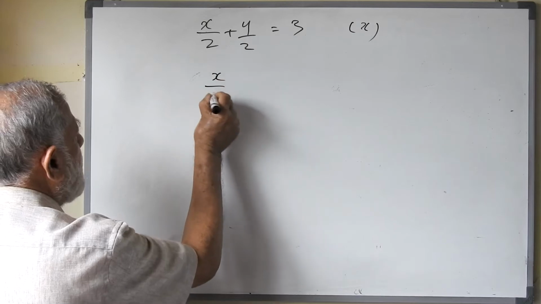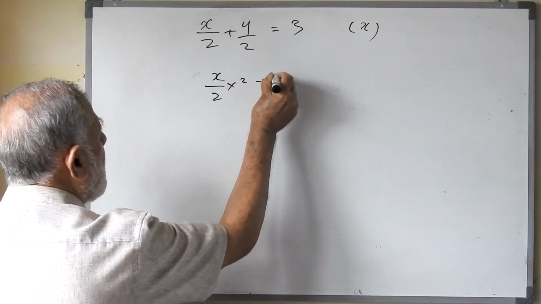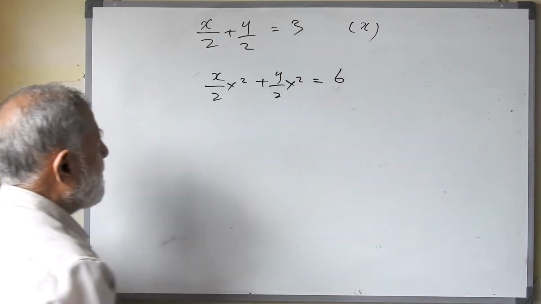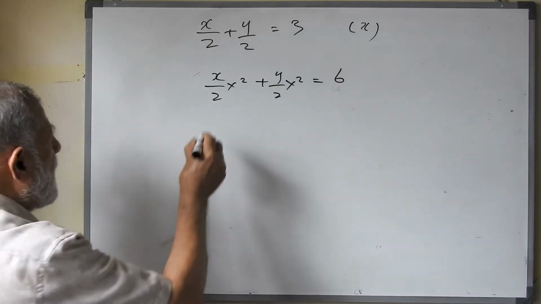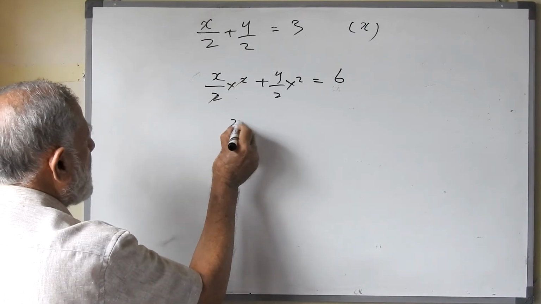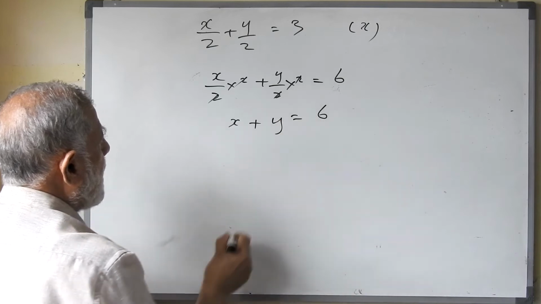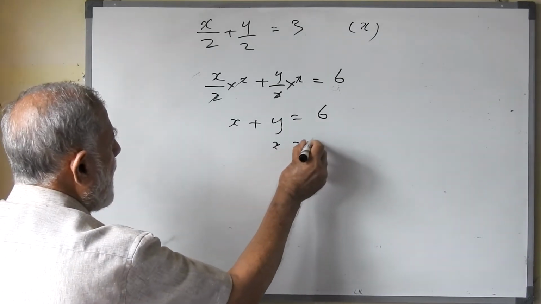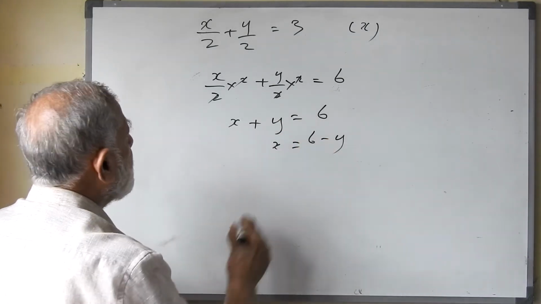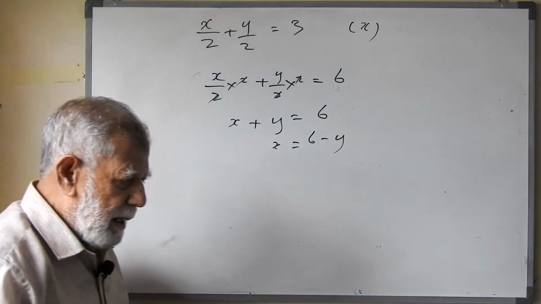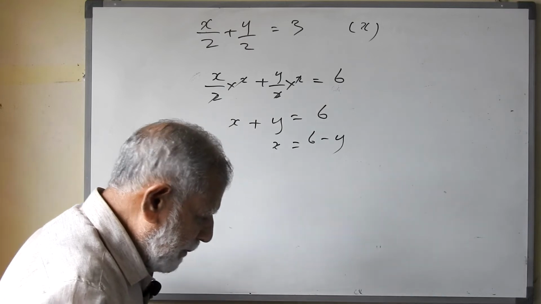So x upon 2 into 2 plus y upon 2 into 2 is equal to 2 into 3, 6. Now we cancel the 2's, so that will be x plus y is equal to 6. So x is equal to 6 minus y. As simple as that.